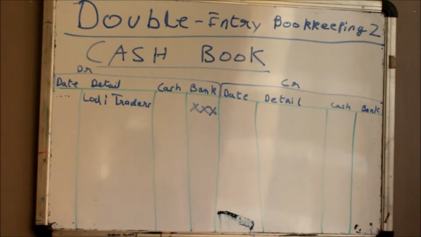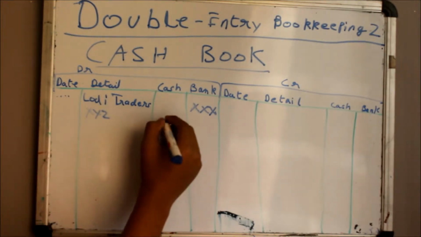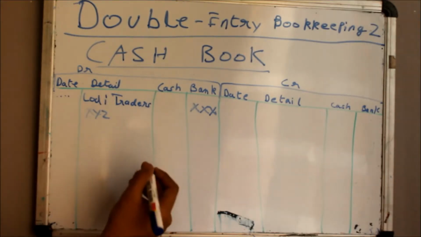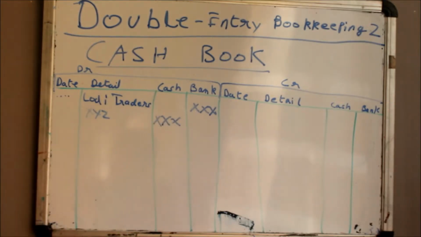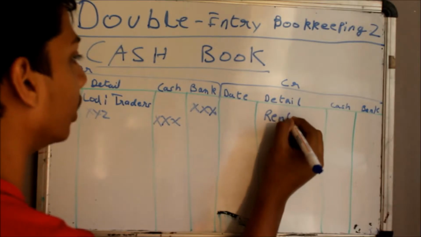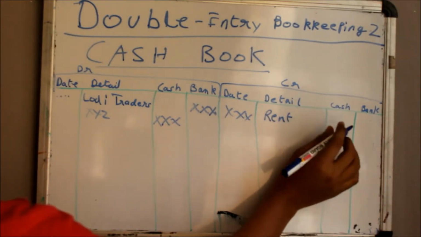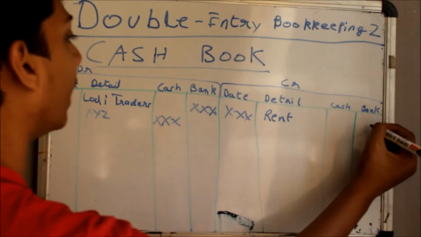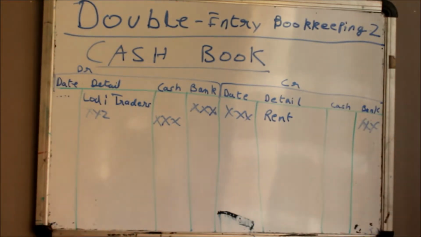And if another debtor, XYZ, has paid his owing amount in cash, we are going to write it in the cash column. And so on. Now on the credit side, whatever the expenses are, such as rent, we're going to write the date. Then on the credit side, rent for the shop has to be paid, and it's by bank, which is a check. So we're going to write the amount in the bank column.